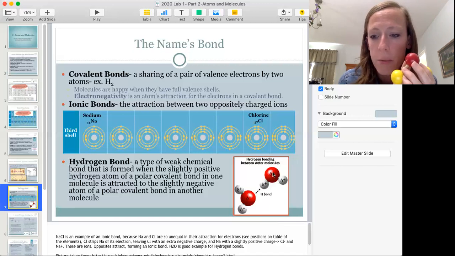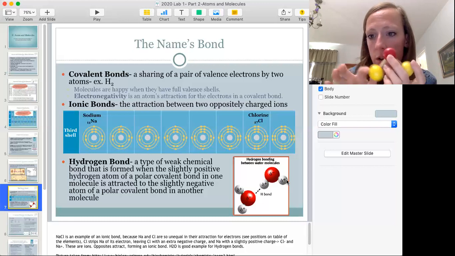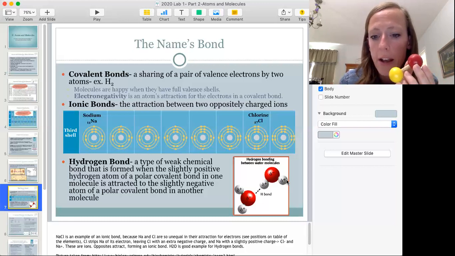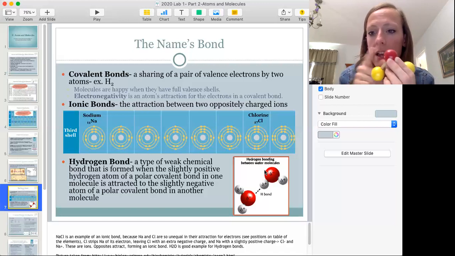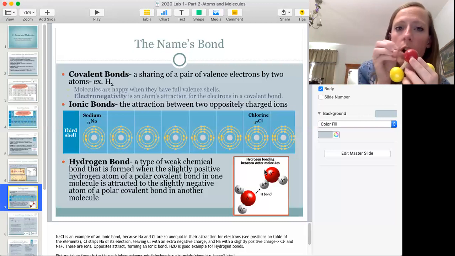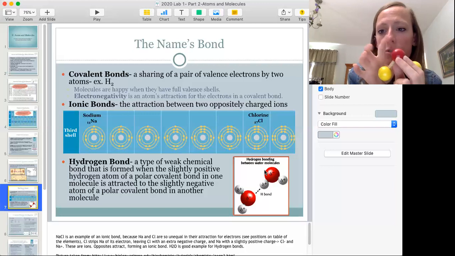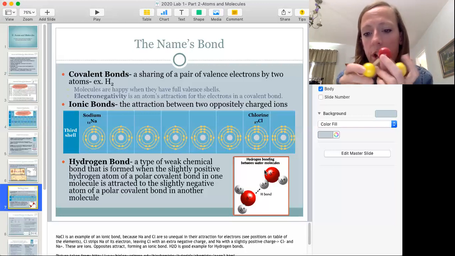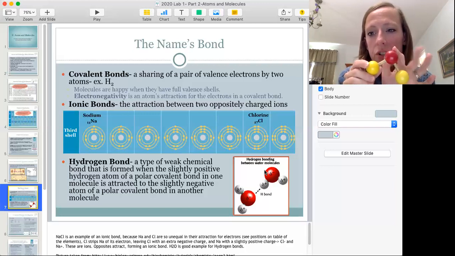The red in the picture is oxygen. The white they're using instead of my yellow for the hydrogen, but because there's a greater electronegativity for oxygen, it's going to have that electron from hydrogen more often associated closer to the oxygen than towards the hydrogen. So it's going to have a slightly negative charge, and the hydrogens are going to have slightly positive charge.